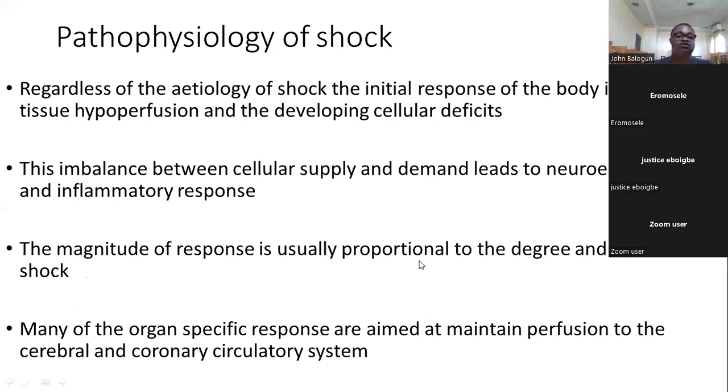Whatever the cause of the shock, whether it's hypovolemic, cardiogenic, obstructive, distributive, or traumatic, the underlying driving factor is decreased cell perfusion. That means decreased blood supply to the cells, and with that decreased blood supply, there's decreased oxygenation and decreased removal of metabolic waste products.